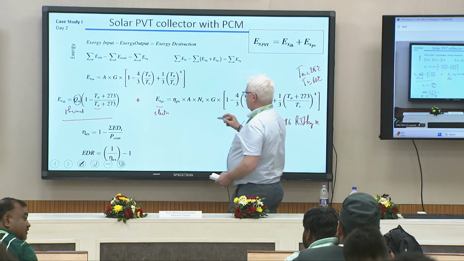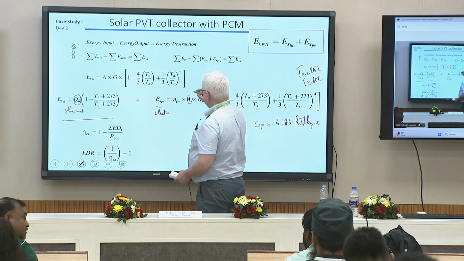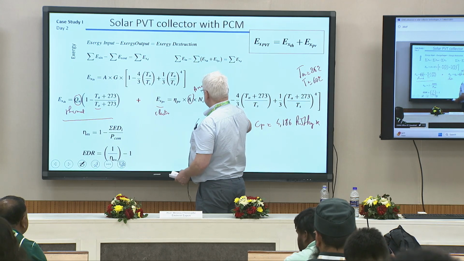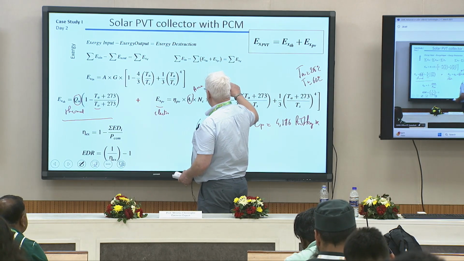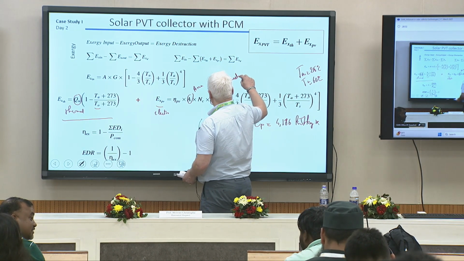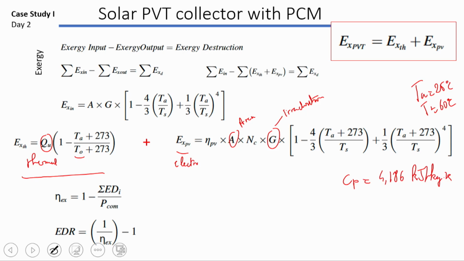With electrical, this is the area of the collector or the PV, and this is irradiation. Typically, for such a good day, the irradiation could be 800 or 900.